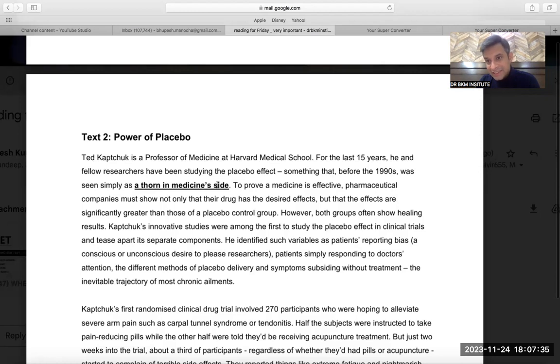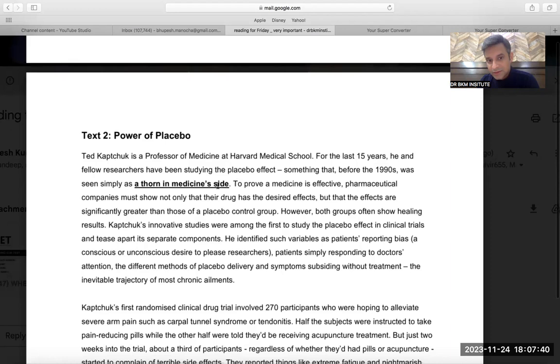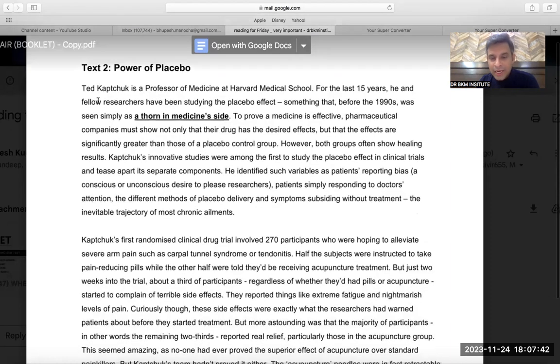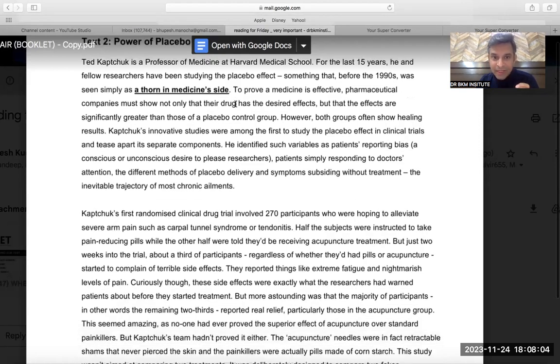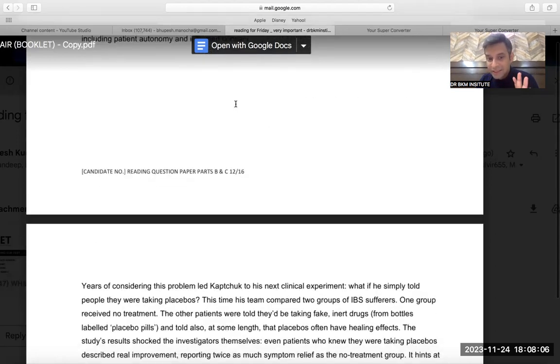So thorn in medicine's side means it was a negative thing when it comes to research. Read again: Kaptchuk, for the last 15 years, he and his researchers have been studying the placebo effect, something that before 1990 was simply a thorn. So now if you read the keyword, the placebo effect used to be a negative thing in medical science, and that is said by the researchers.